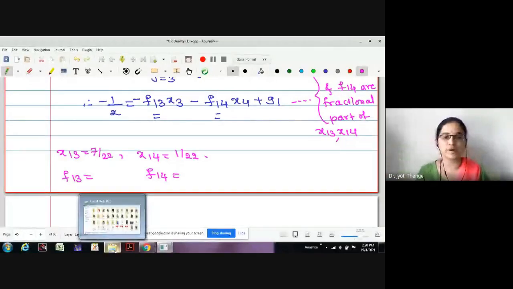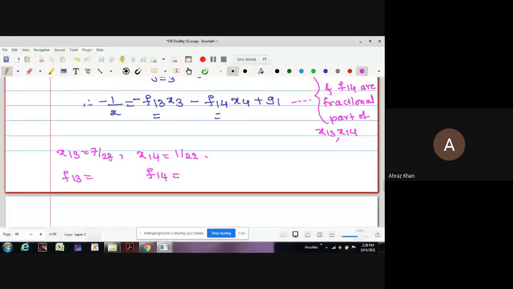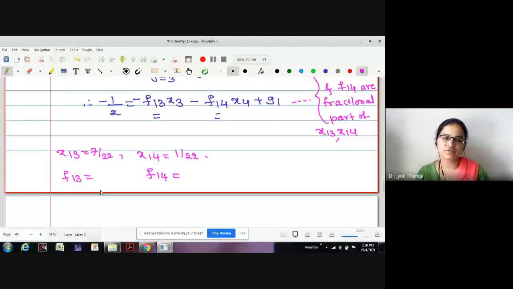What are the fractional parts? 7 upon 22 itself is a fraction, no? Yes or no? Whether any integer is included in this? No, therefore the number itself is a fraction. And we will take care whether it is negative; none of them is negative. Therefore, no need to worry about that.